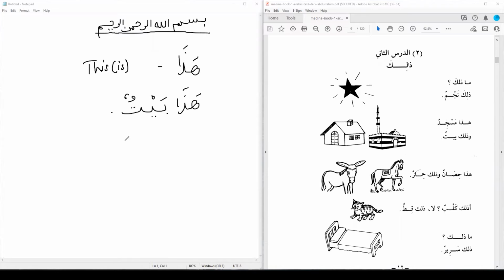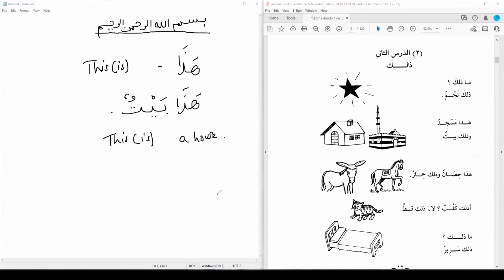Baytun, because it's indefinite, we know it means a house. And hadha, as we can see, it means this. So this is a house. And the reason why I put is in brackets is because it's not there in the Arabic, but we imply it in the English translation in order to make the English translation correct and complete.